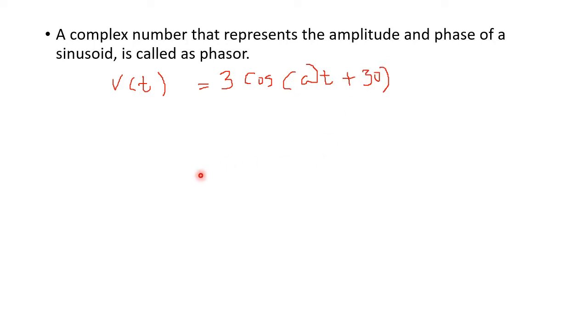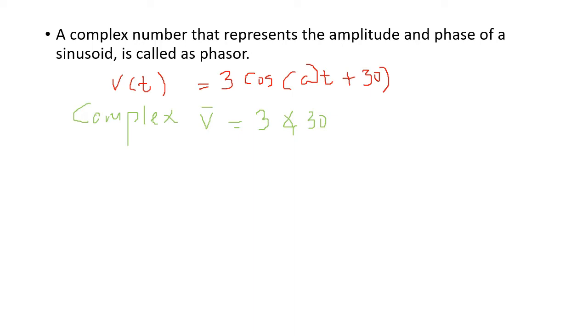So if we write this equation in complex form, we can write V dash equal to, here the amplitude is 3, angle 30 degrees. This is the way we can write the same equation in the complex form.